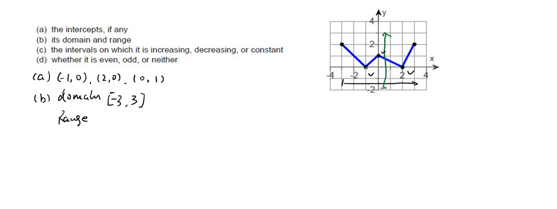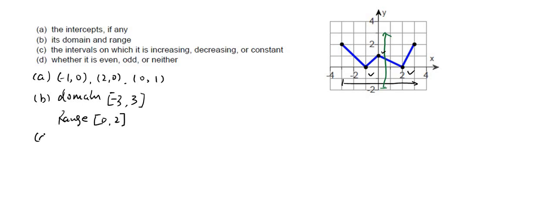The lowest point is here, and these two correspond to the y value 0. And we try to find the highest point. It is here, and it corresponds to the y value 2. We finish the domain and range.